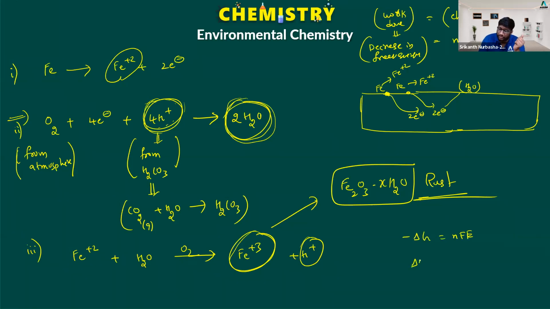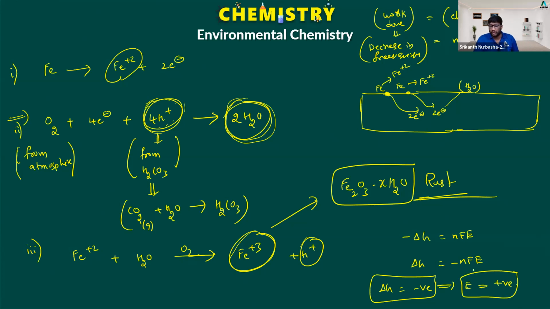Minus delta G is equal to NFE means delta G is equal to minus NFE. Delta G has to be negative for spontaneity. Delta G has to be negative means what should be E? E should be positive. So the electrode potential of this cell, since it is positive, delta G is negative. Delta G negative means it is going to be spontaneous.